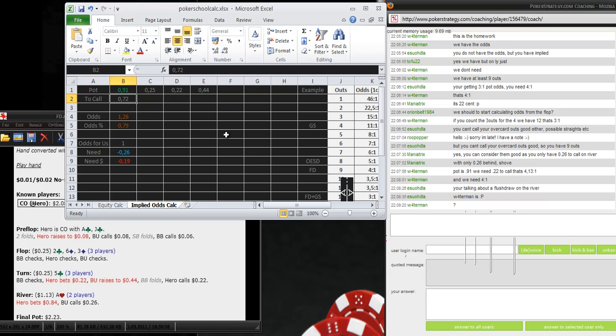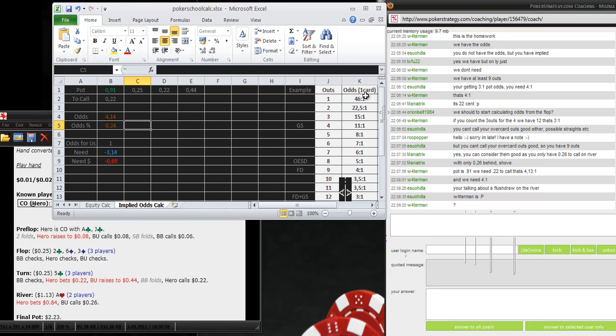Now the question is how much we have to call, and we have to call 22 cents, which means that we are getting odds of almost 4 to 1, which this row calculates, and this means that we are already getting the correct odds, since for the flush draw we need only 4 to 1.